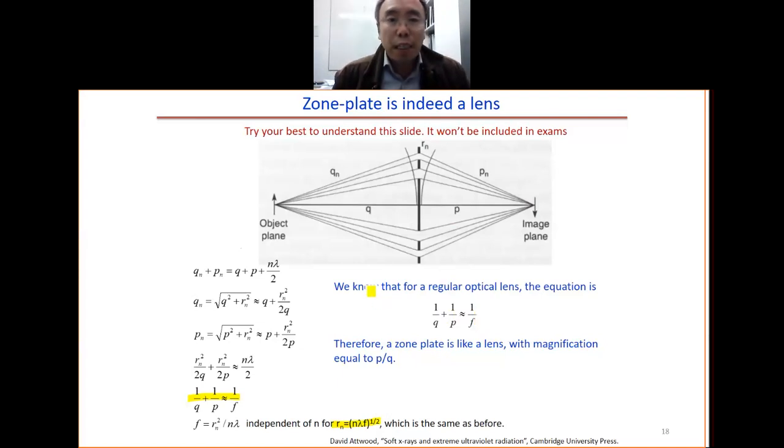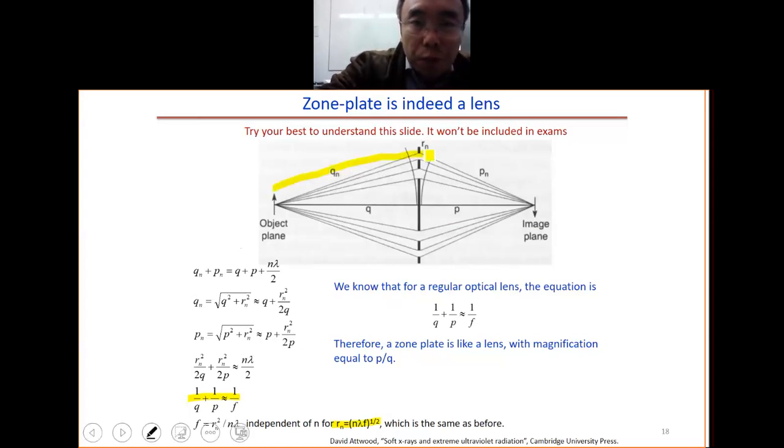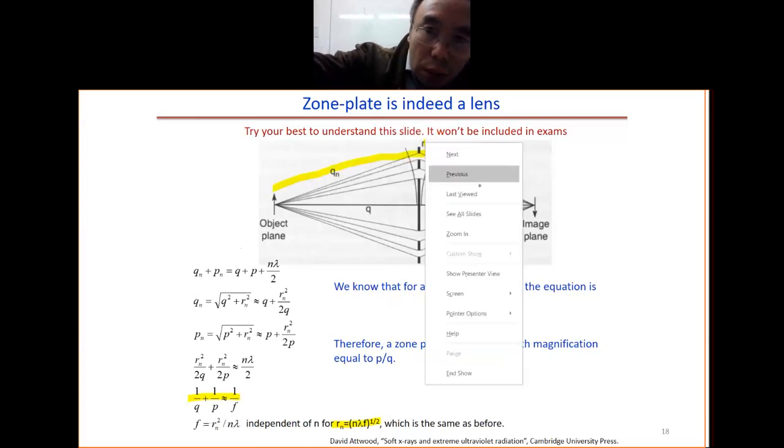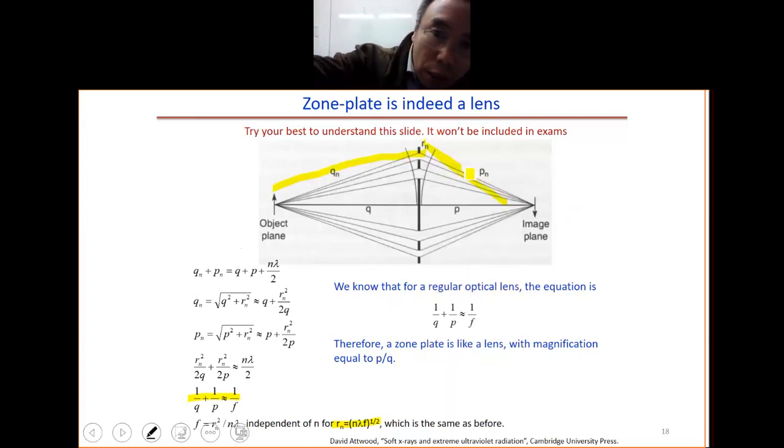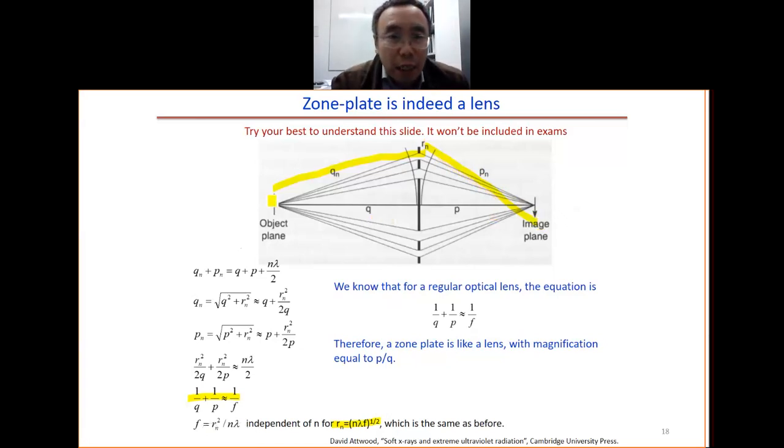So now we see that if we have an object here, it will form an image here. But this is not enough. To form the image, you need a third requirement, so you need to prove it. You want to know about the height here: the light from the top point here comes to this point here.